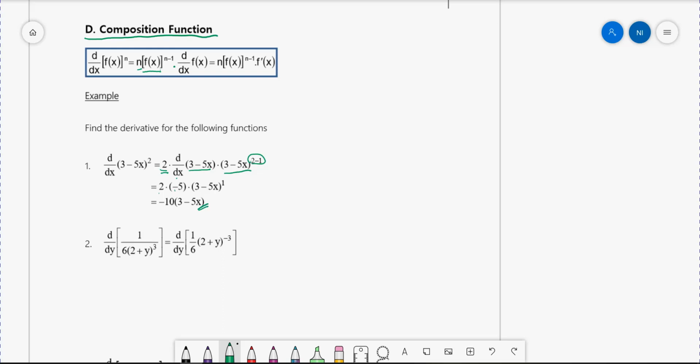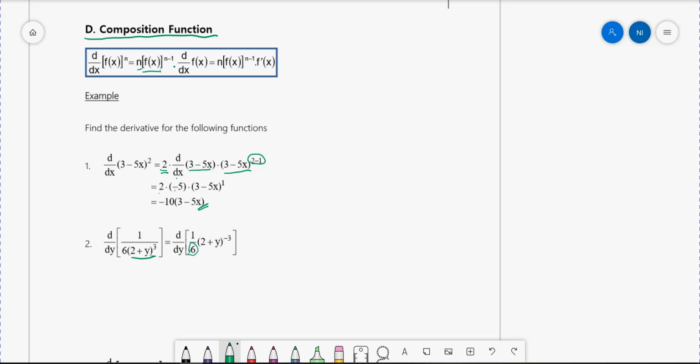And then for the next one, we have differentiate 1 over 6(2 plus y) to the power of 3 with respect to y. The first step that you need to do is bring (2 plus y) to the power of 3 to the numerator. It will be differentiate 1 over 6 times (2 plus y) to the power of negative 3 with respect to y. You don't have to bring 6 to the numerator.